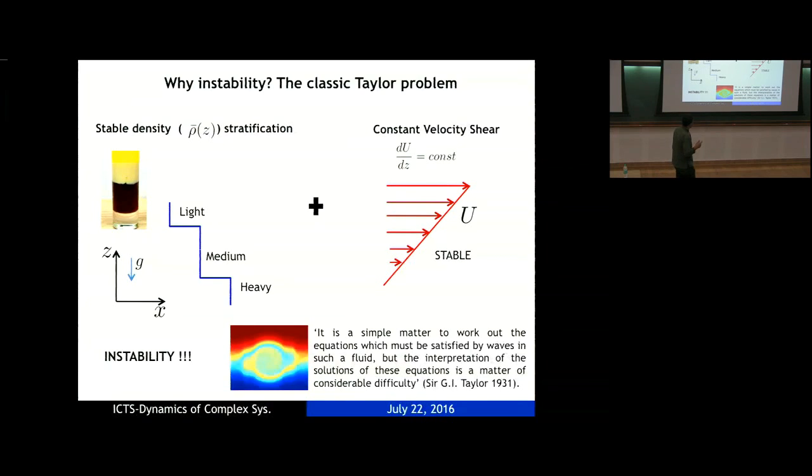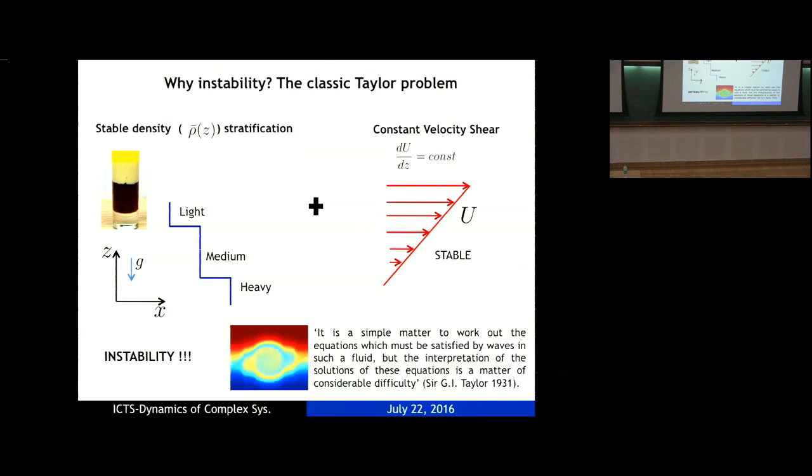So now the question is, I am not making any physical sense of the equations. I can put that in, and physically it seems to be stable, and we get an instability. So G.I. Taylor, this is a very famous quote, I would say: it is a simple matter to work out the equations which must be satisfied by waves in such a fluid, but the interpretation of solutions of these equations is a matter of considerable difficulty.